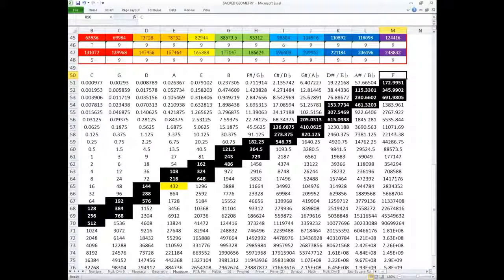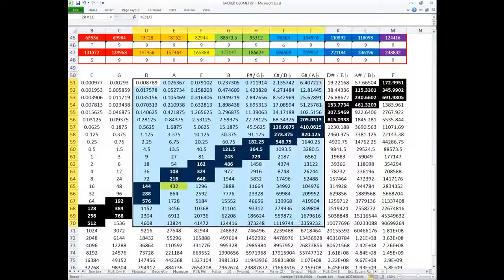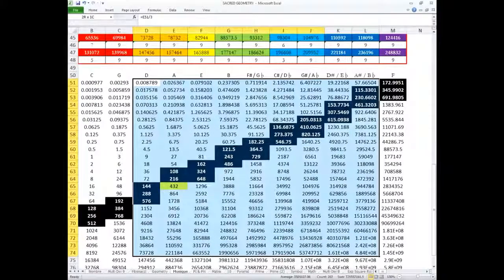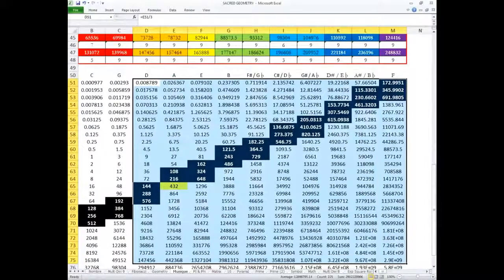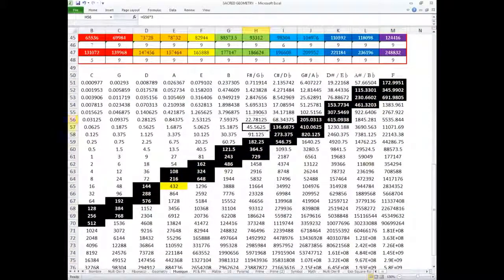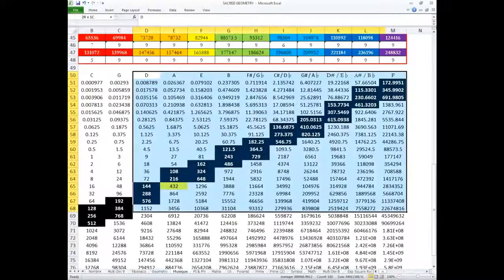As you can see here, all the numbers are equal to 9 if you reduce them. If you take any number, for example, 7 and 1, 8, and 8, 8, 16, 16 and 2, 18, 1 and 8, 9. So all the numbers between the D and the F are equal to 9.